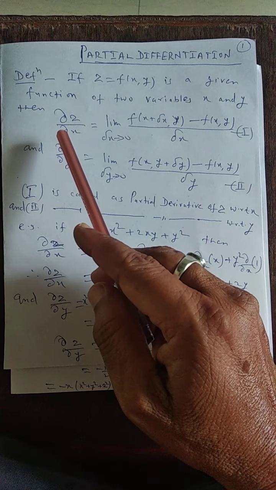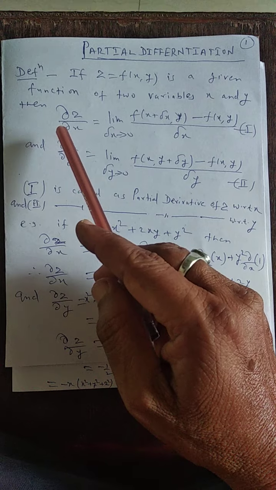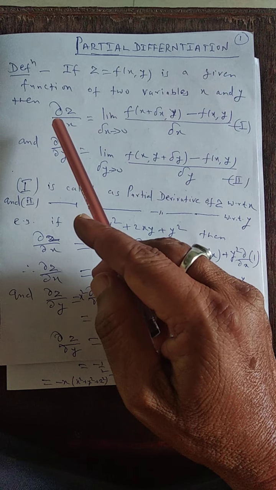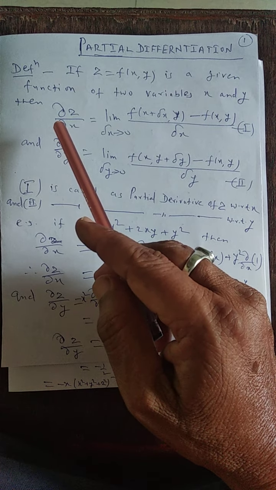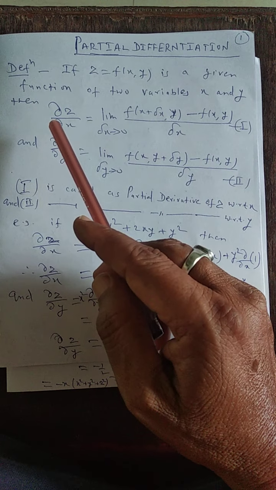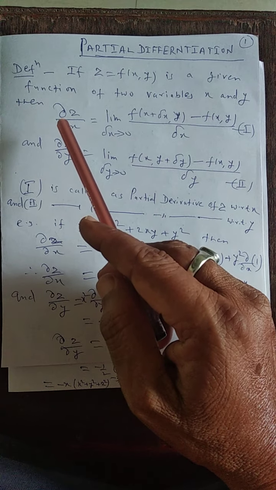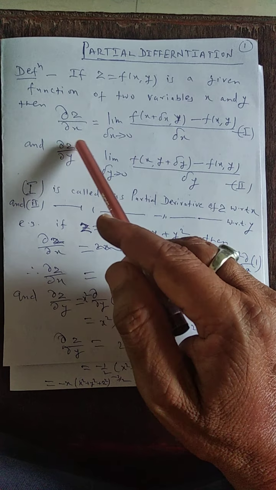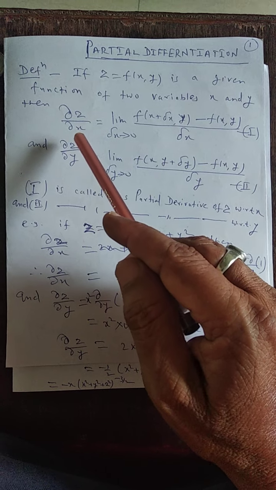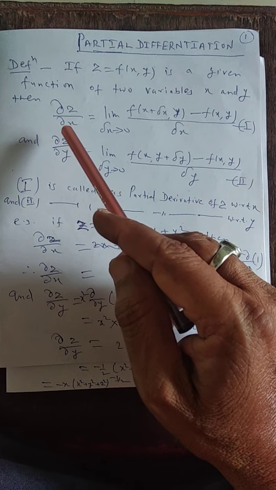And we know how to define the total derivative. If y is equal to f(x) is a given function, then dy by dx is equal to limit of f(x plus h) minus f(x) divided by h as h tends to 0. So that definition you have already seen in semester 2.